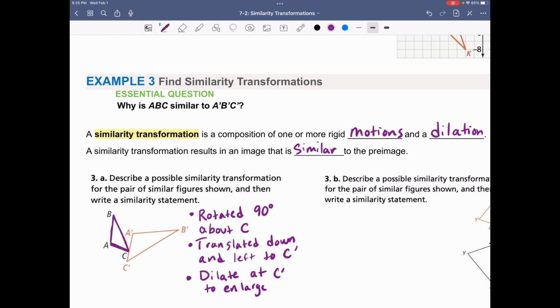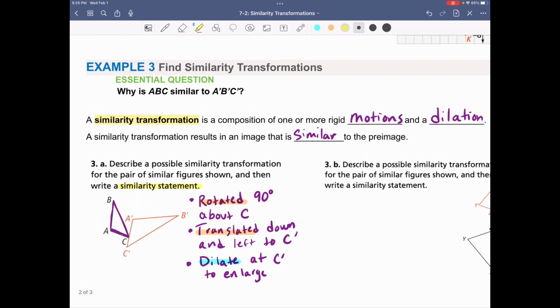And since we had two rigid motions and then we had a dilation, this is a similarity transformation. And to write our similarity statement, we would write triangle ABC is similar, and we use that squiggly, to triangle A prime, B prime, C prime. So that is how we write our similarity statement.